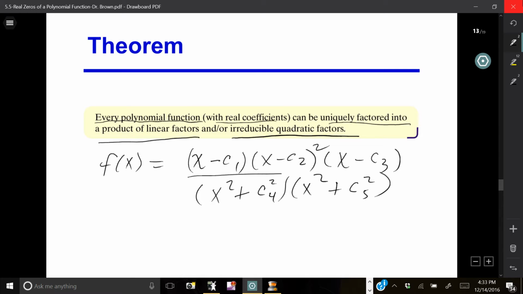But you would have a combination of linear factors, like x minus c1, and quadratic factors.